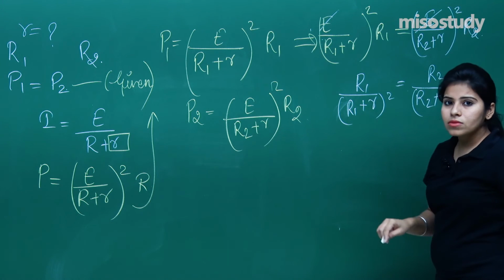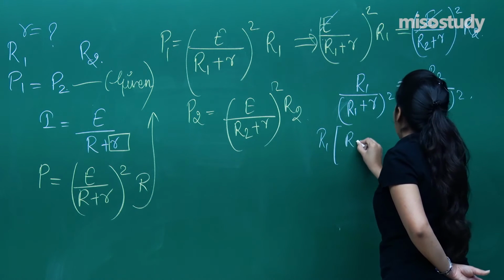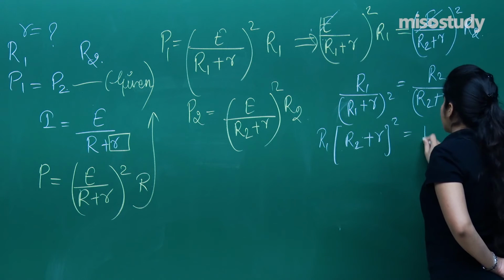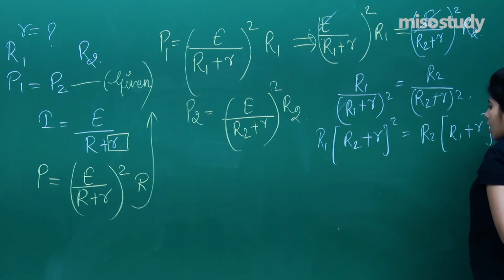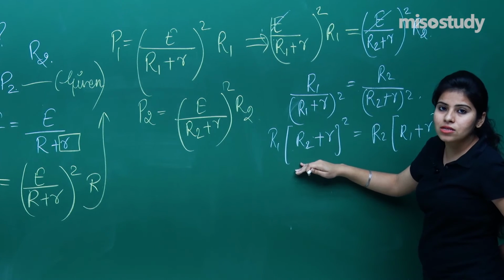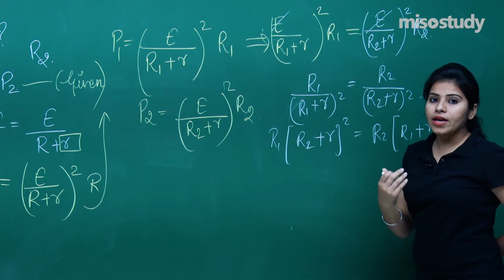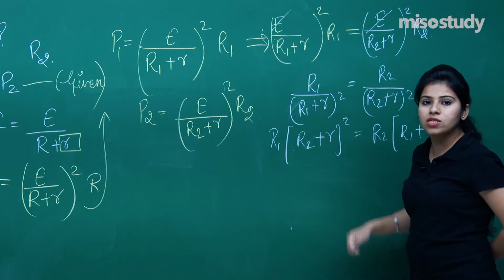Now what we can do over here, R1 into R2 plus r whole square equals R2 into R1 plus r whole square. So we can just open this square term. What is the formula for A plus B whole square? A square plus B square plus 2AB. Everybody knows, so apply this formula.